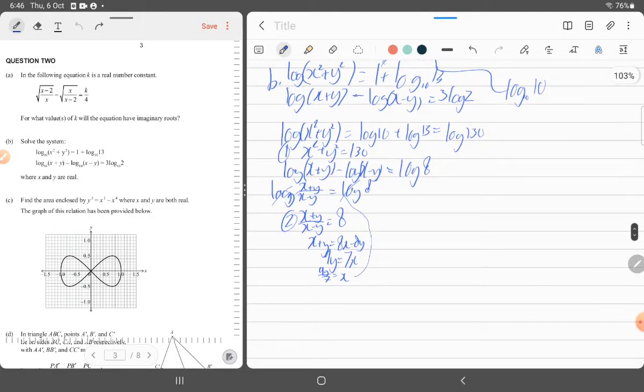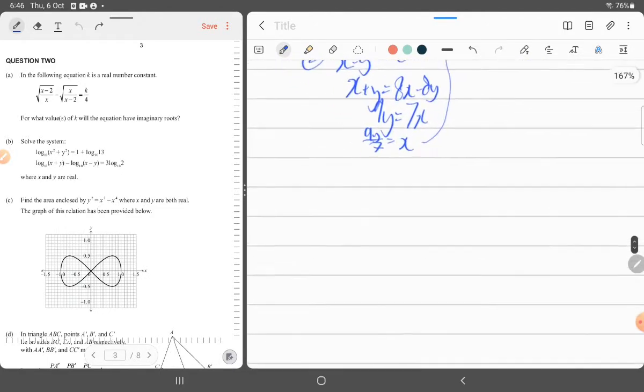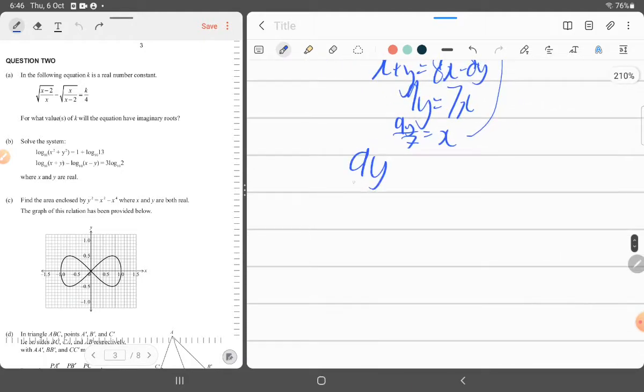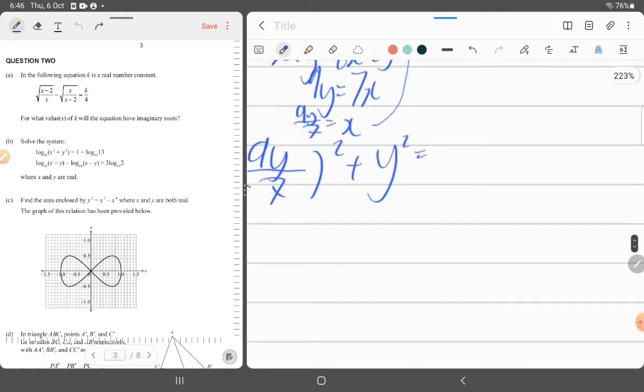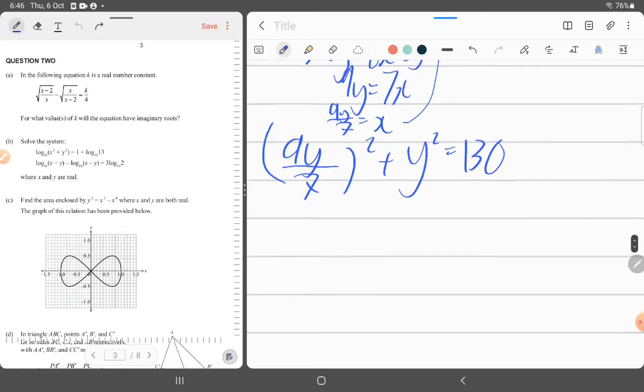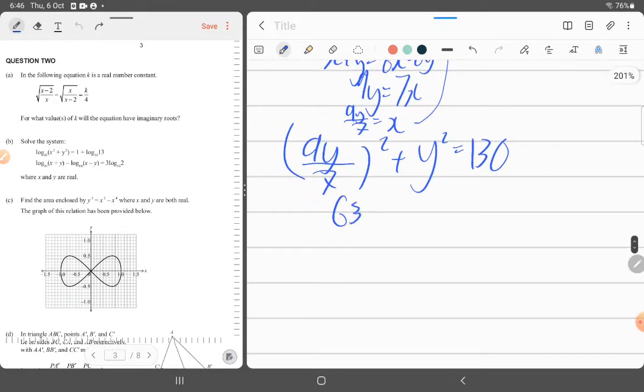We place this into here. So (9y over 7) all squared, plus y squared is equal to 130. 81 y squared over 49 plus y squared equals 130. 81 plus 49, is that 130?